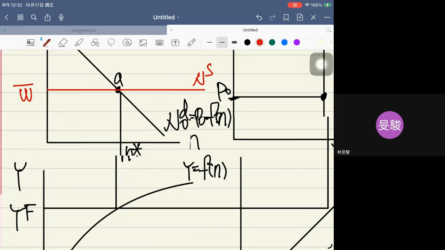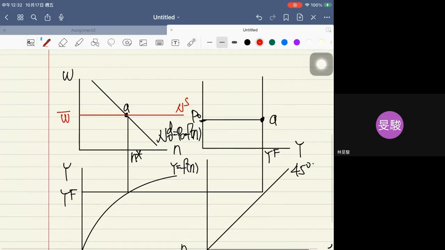And again, we suppose the initial price level is P0 and the initial equilibrium is at point A, determined by the intersection of nominal labor supply and the nominal labor demand.